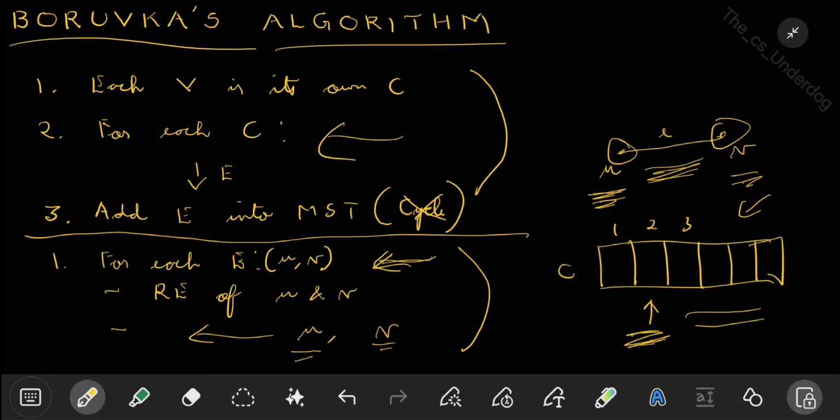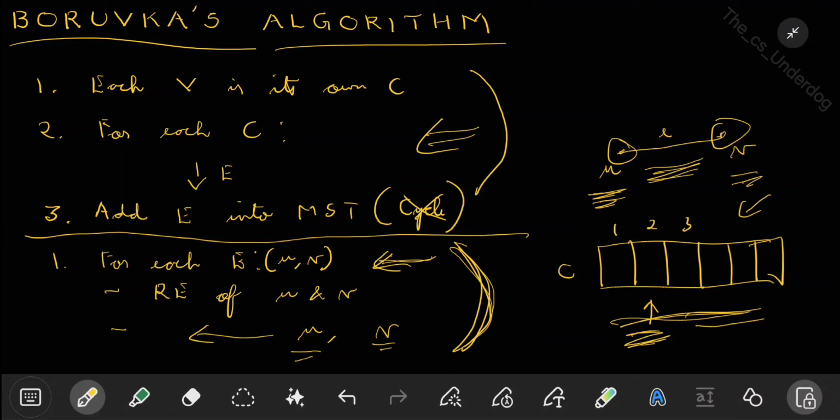Otherwise, if you loop separately for each component, that is going to increase your time complexity. So in order to tackle that, while you are implementing, you are going to loop through all the edges once. And while you are doing this loop, your array, that is the cheapest array, will help you find out the corresponding values for all components. So this is how the implementation side is working.